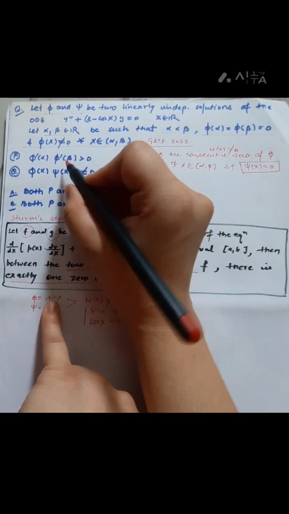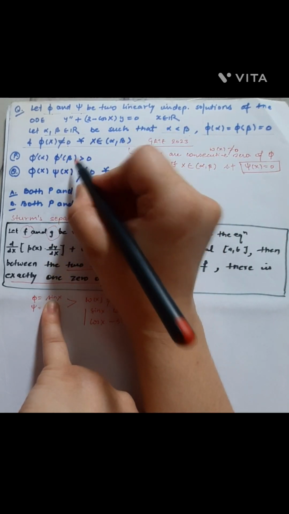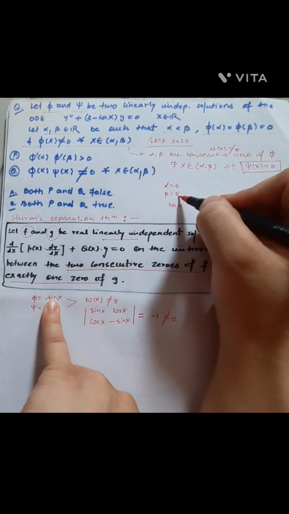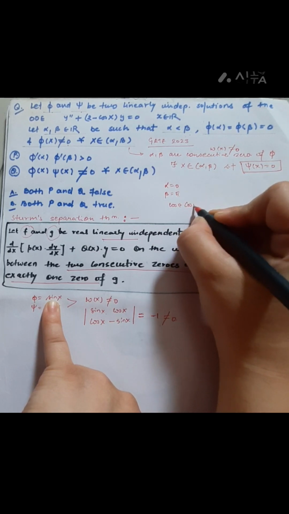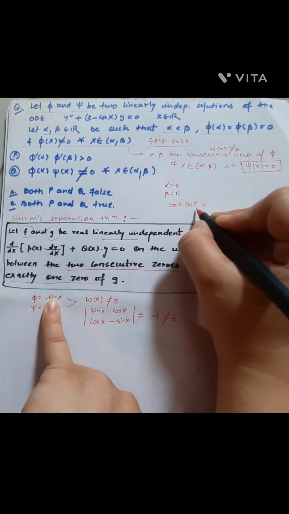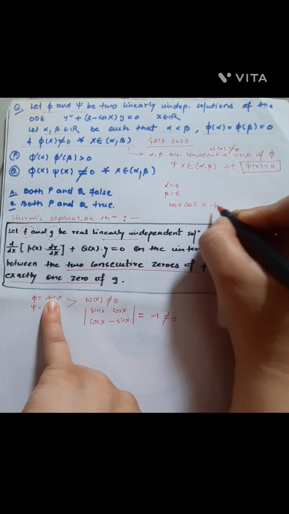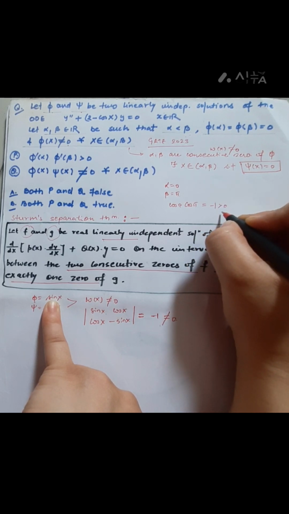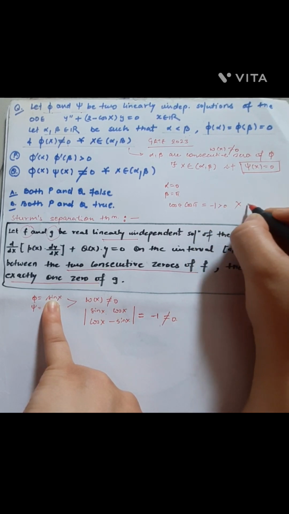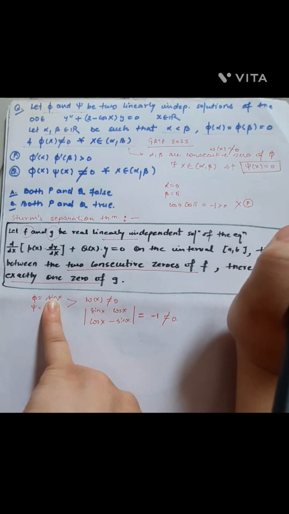That is 1. And what is phi dash of beta, that is, cos of pi? It is minus 1. Is minus 1 greater than 0? No. So it means the P statement is false.